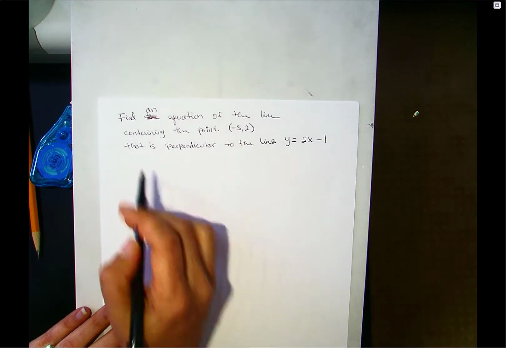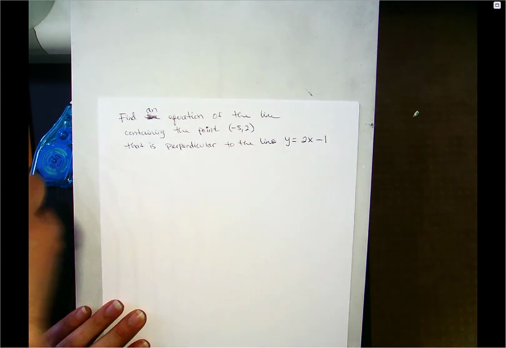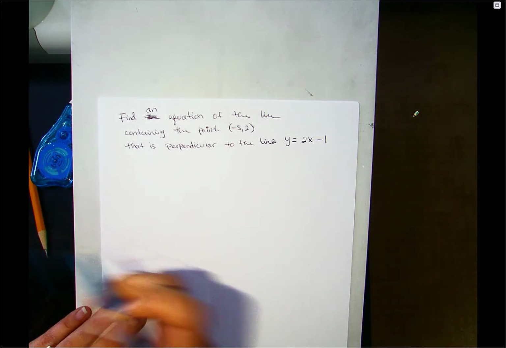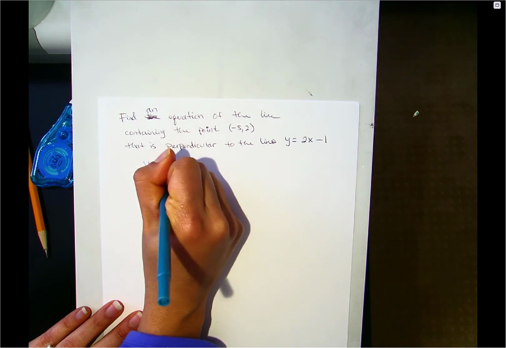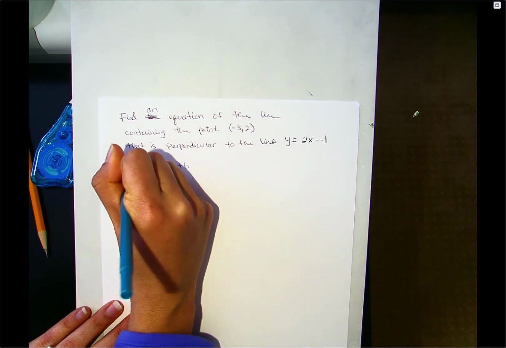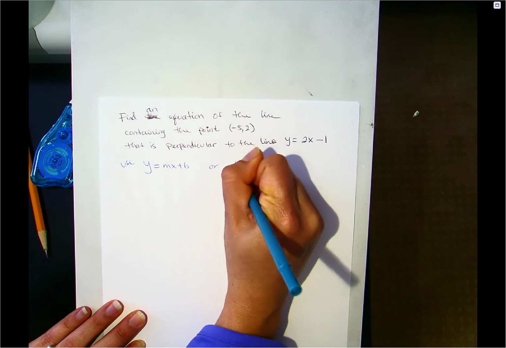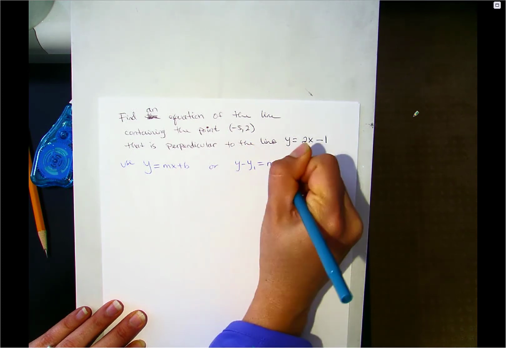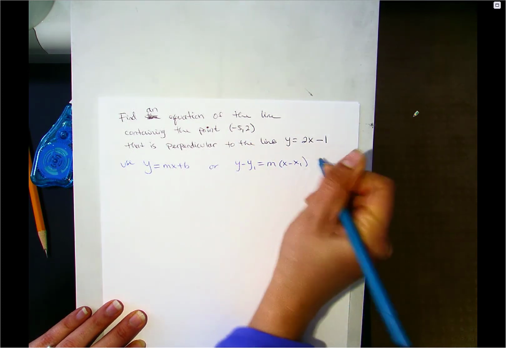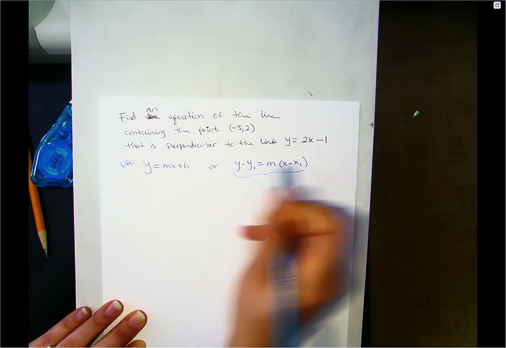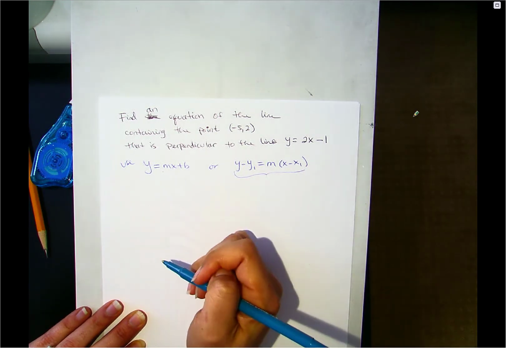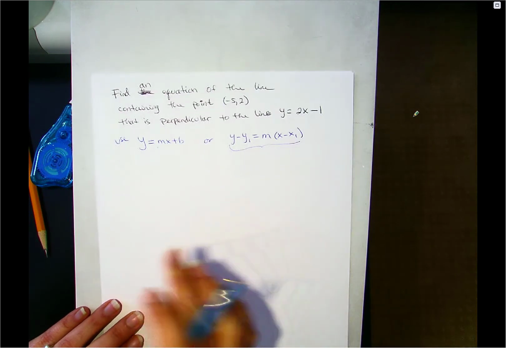So I want to find an equation, and as we did before in the previous section, to find the equation of a line, we use either y equals mx plus b or y minus y1 equals m times x minus x1. I feel more comfortable using this one, so I'm going to use this one. If you use that one, just check your answer at the end that they should be the same.